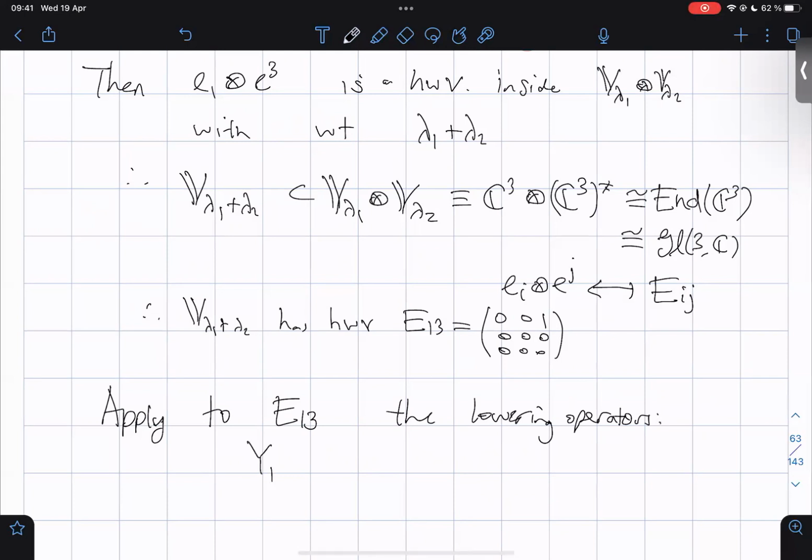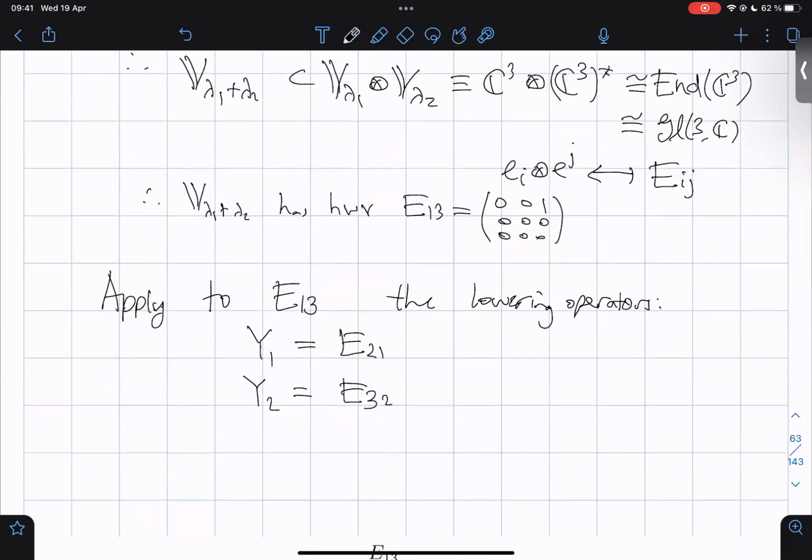So what are your Y's? They are E21 and E32. These are the simple lowering operators, in the sense that this is a root vector for minus alpha 1, and similarly for minus alpha 2.